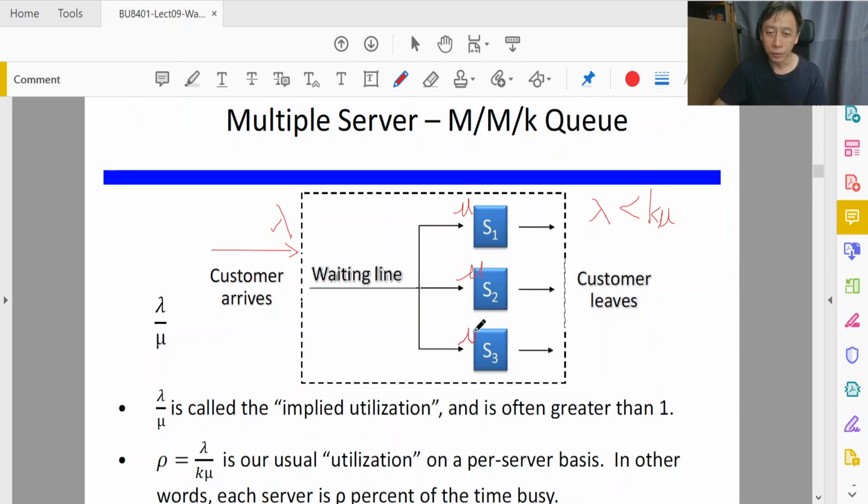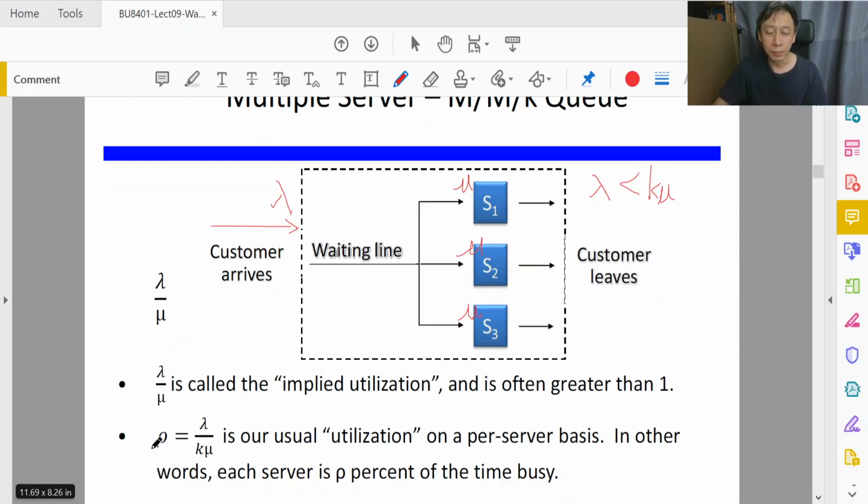All right. So first thing first is let's talk about rho. Rho is the server utilization, if you recall from our previous discussion. And what rho means is how busy a server is. But last week we talked about only one server, so a server simply refers to that server, right? It's clear.